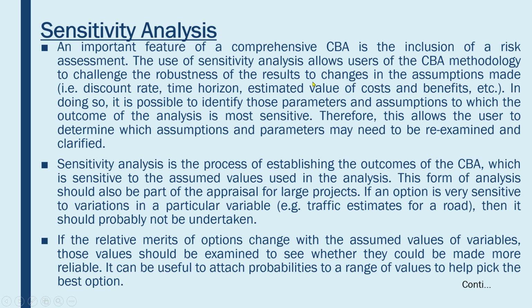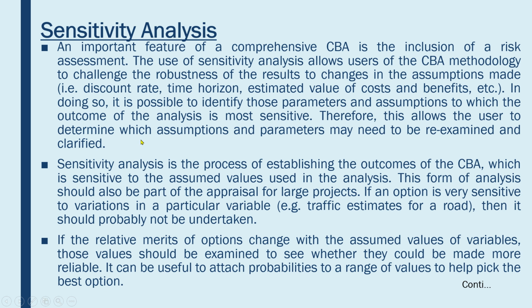The use of sensitivity analysis allows the user of the CBA methodology to test the robustness of the result to changes in the assumptions made, that is, to change the discount rate, time horizon, estimated value of costs and benefits, etc. In doing so, it is possible to identify those parameters and assumptions to which the outcome of the analysis is most sensitive. Therefore, this allows the user to determine which assumptions and parameters may need to be re-examined and clarified.